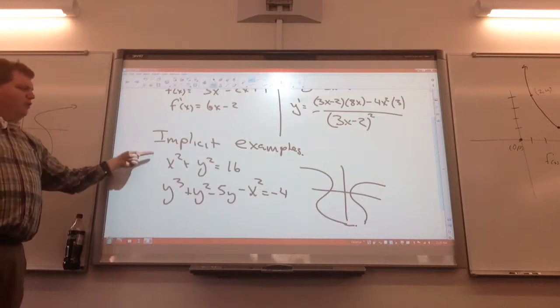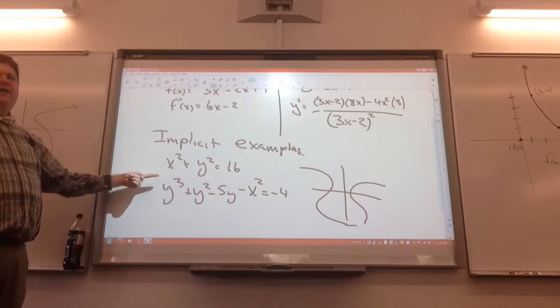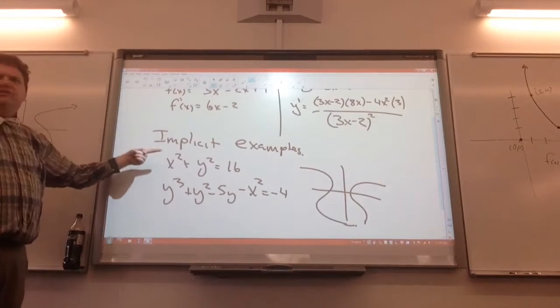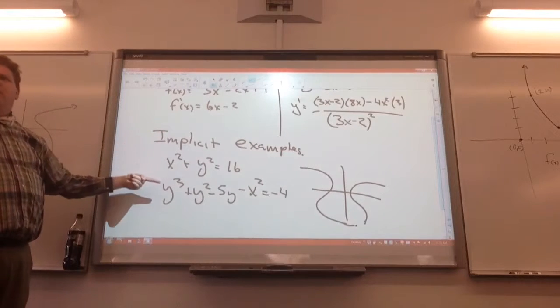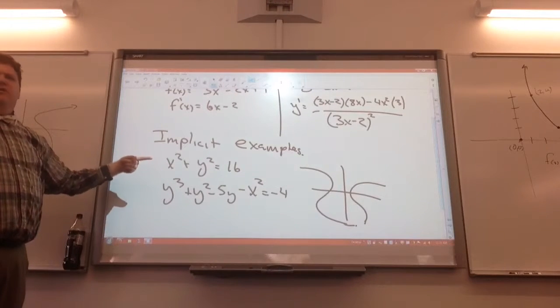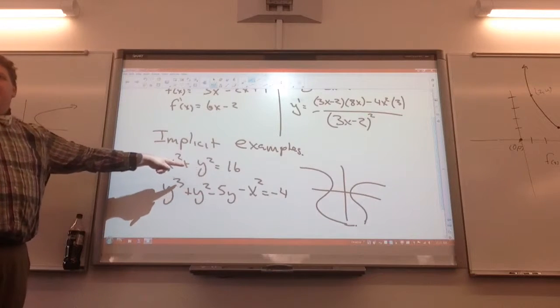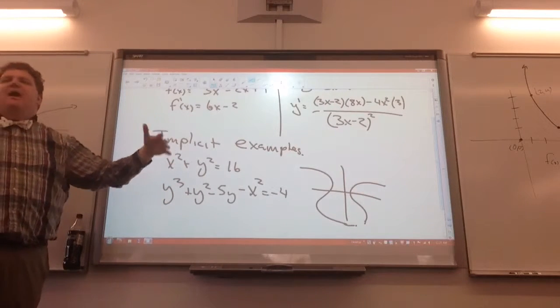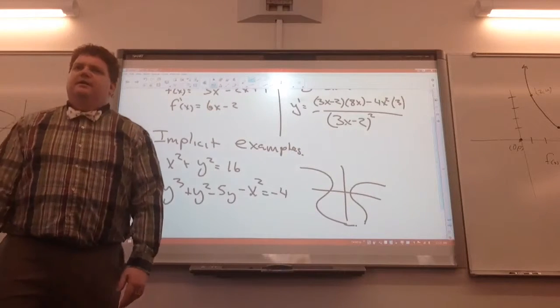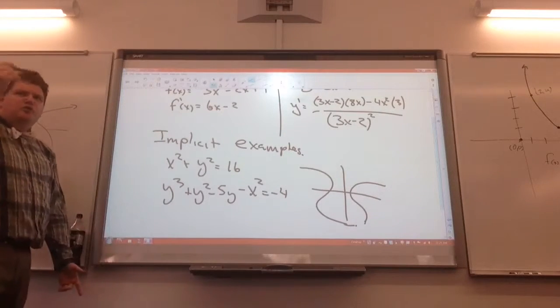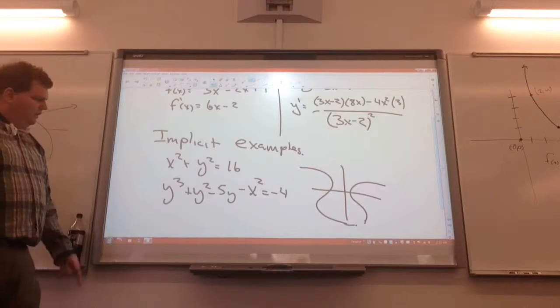How difficult is it to rewrite them explicitly in terms of x's? I could try, but that's going to make a lot of work for me, right? And it's also not going to be 100% correct, especially with something like this one right here. I could rewrite it, but I'm going to have y equals plus or minus the square root of 16 minus x squared. Well, that doesn't help me out very much. I got two formulas there, a plus and a minus.